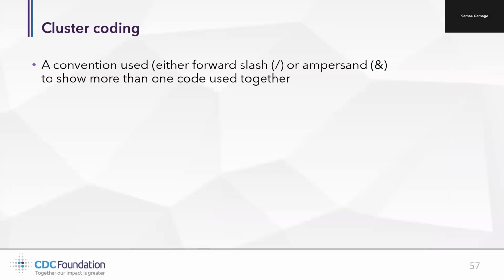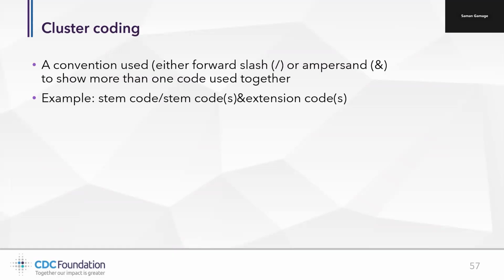Cluster coding is a convention using either / or ampersand to show more than one code used together. As I described before, to create a code cluster, you use these conventions, / or ampersand.